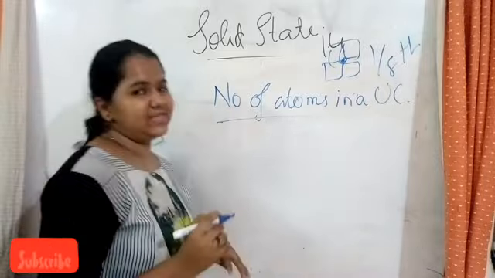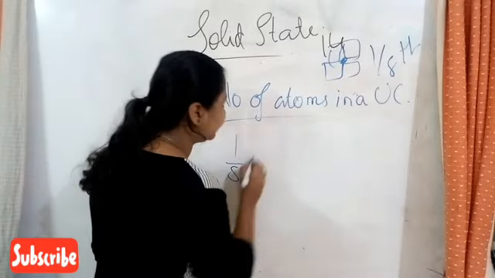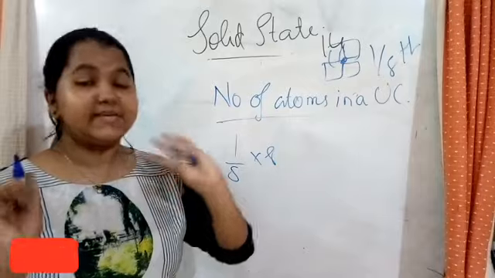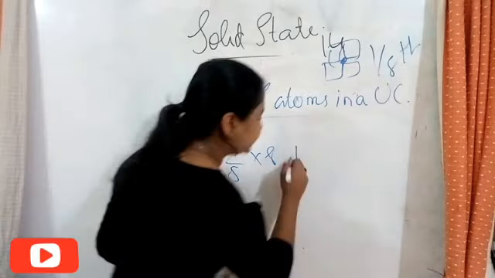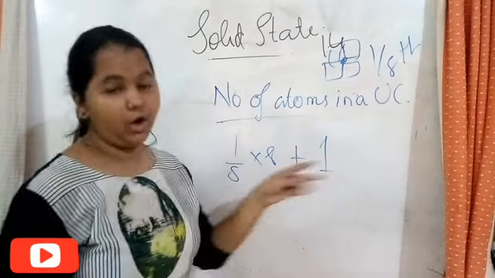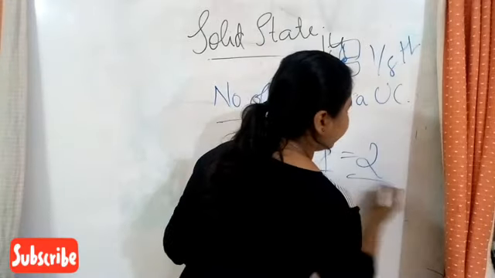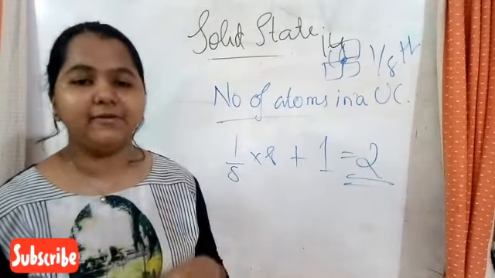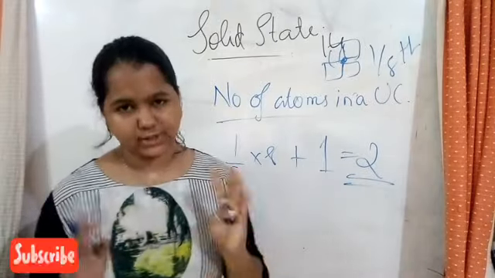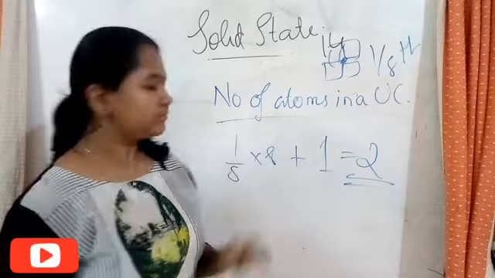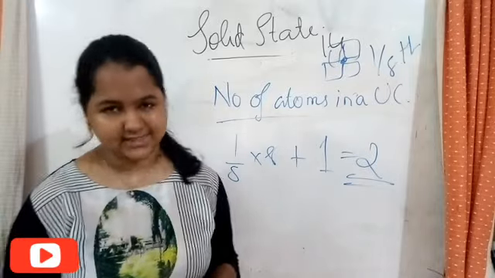The conclusion is that 1 by 8 into 8 was for our simple cubic cell, plus one whole atom. That is, there are two atoms. The total number of atoms for a body centered cubic, a BCC, is 2. Now for face centered cubic.